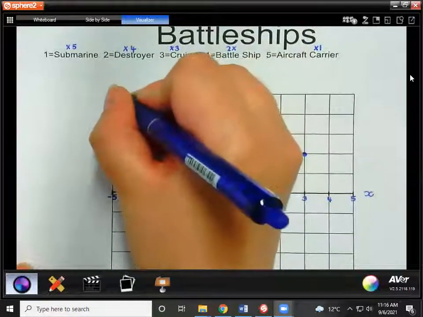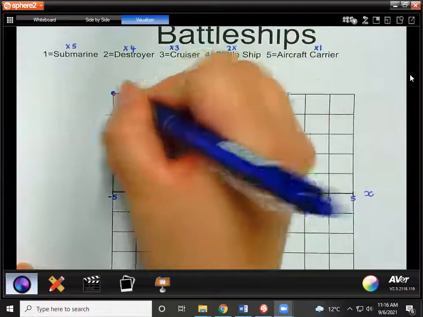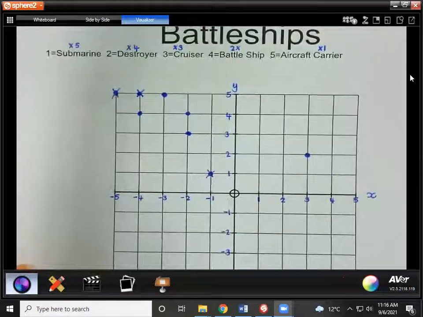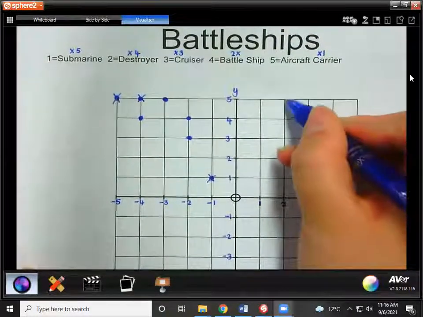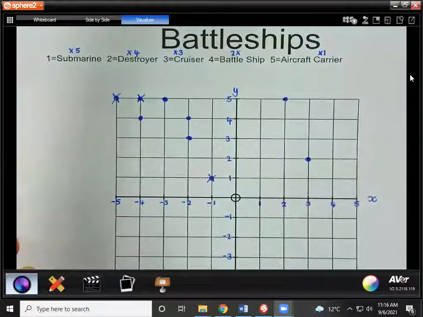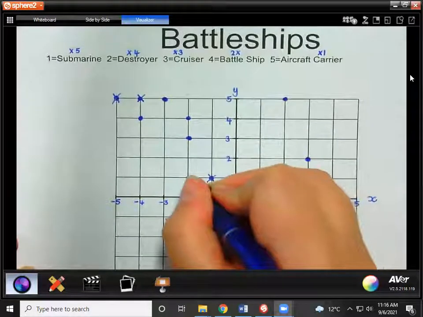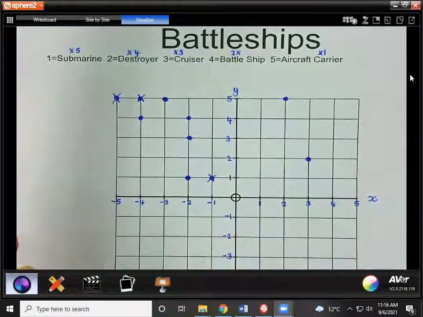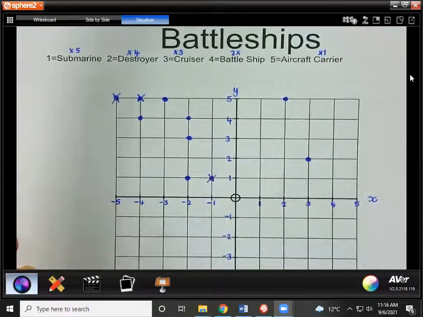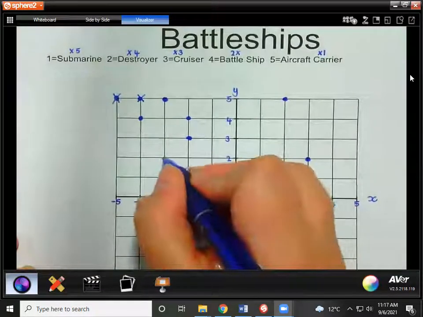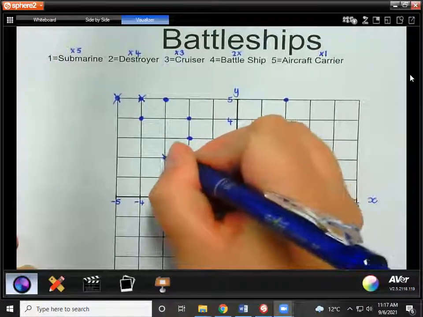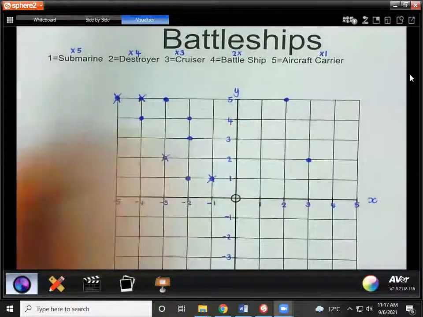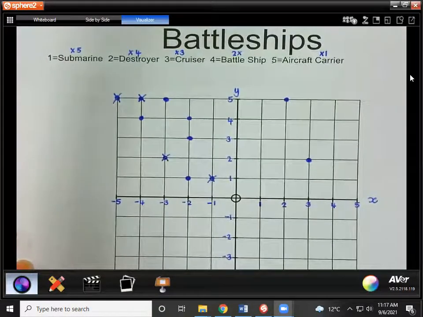Negative 5, 5, you hit that destroyer. 2, 5, miss. Negative 2, 1 is a miss. Negative 3, 2 is a hit. You hit a destroyer, so one of those with 2 points.